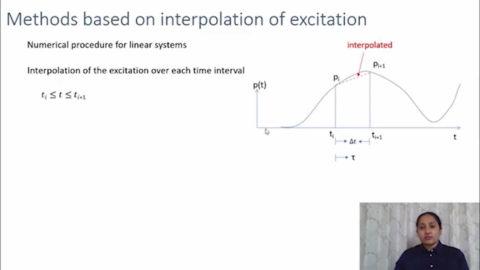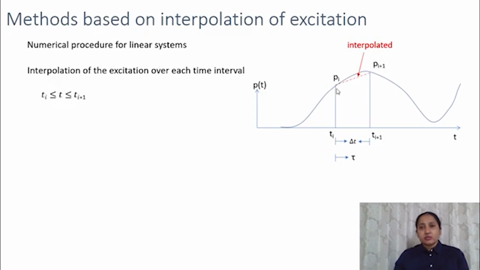The blue curve shows the actual forcing function, and we know the value of the force at Ti and Ti plus 1. So at Ti, the force is equal to Pi, and at Ti plus 1, the force is equal to Pi plus 1.